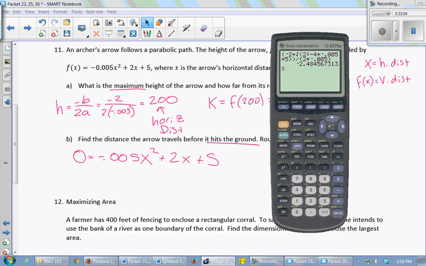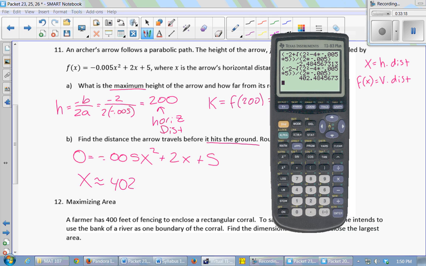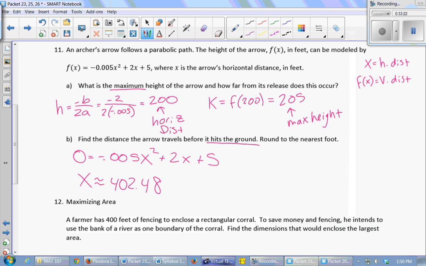Okay, that one's negative. And so I'll do the negative b minus... 402.48. Oh, that could be. Yeah, don't do that. Don't round until the very end.